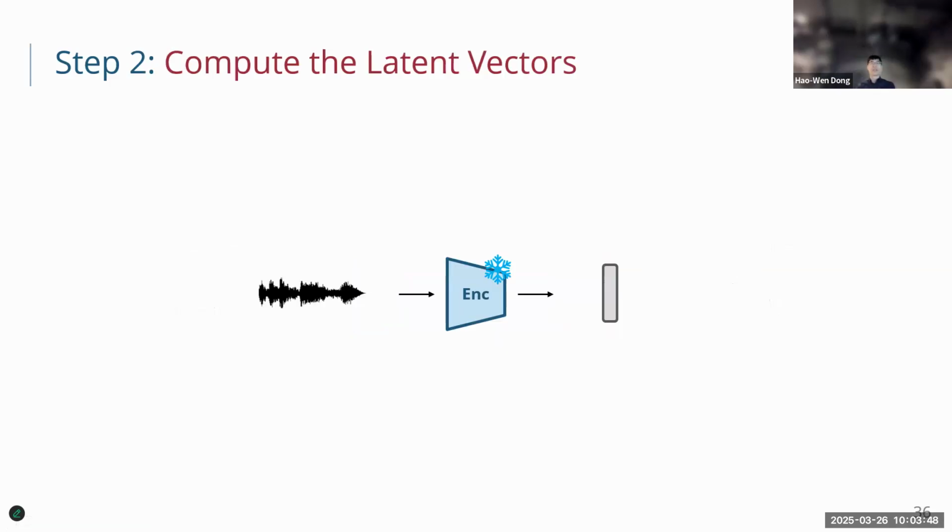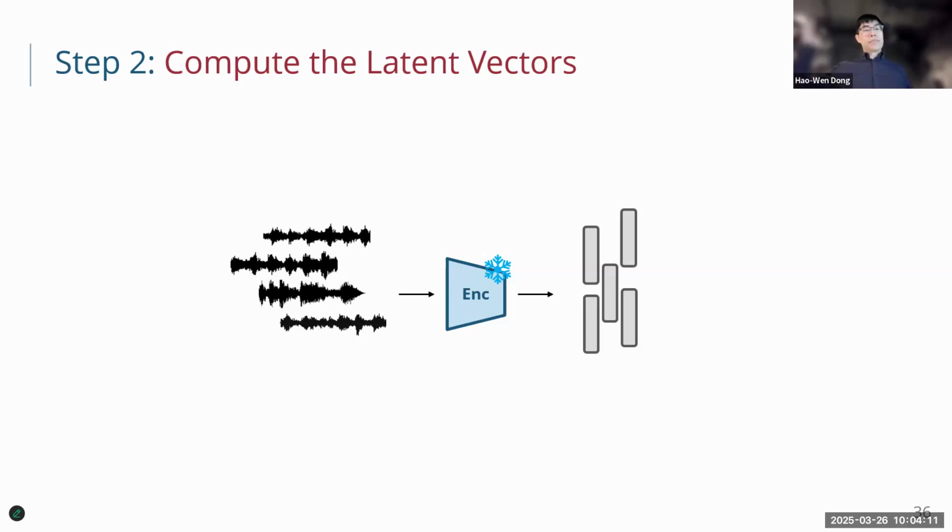Now, in the second step, you compute a bunch of latent vectors from the audio that you have. And now we are not training it. We just run this model. So you collect a bunch of data, millions of songs, and then you grab all the latent vectors out of it. The animation is pretty bad, but you get millions of songs and all their latent vectors.